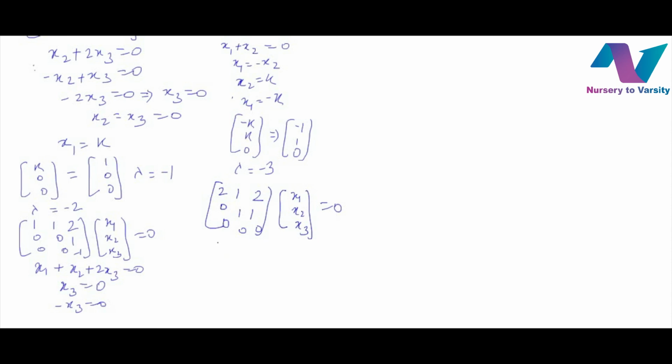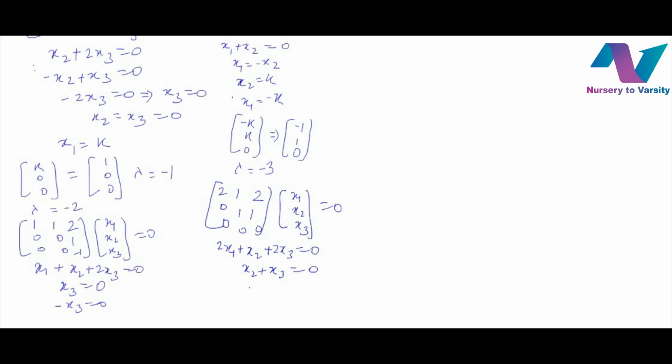So the first equation becomes 2x1 plus x2 plus 2x3 is equal to 0. The second equation becomes x2 plus x3 is equal to 0. And the third is 0x1 plus 0x2 plus 0x3 is equal to 0.